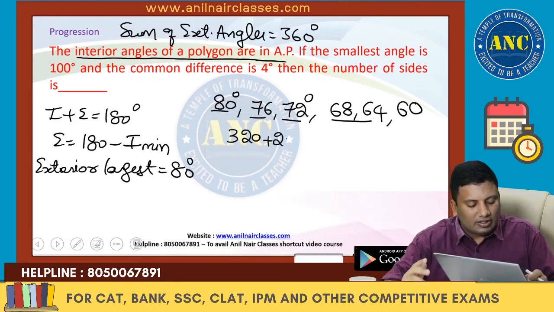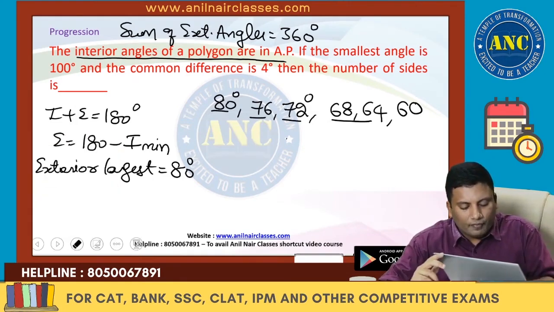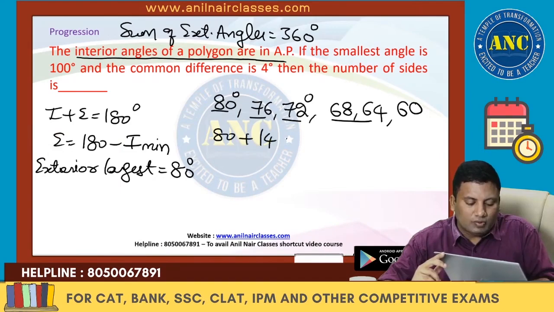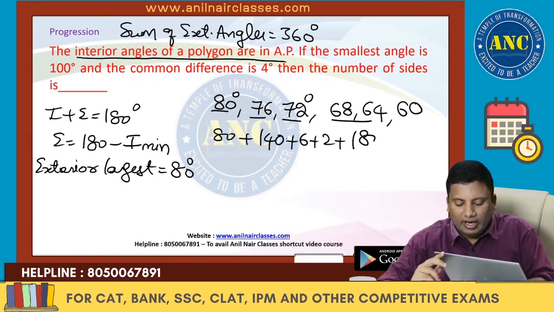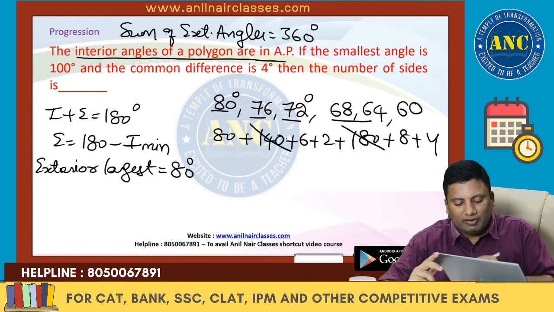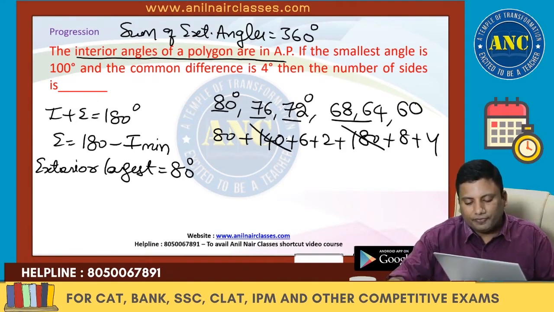Here it is 80, 140 plus 6 plus 2. Here it is 180 plus 8 plus 4. 180 plus 140 is 320.